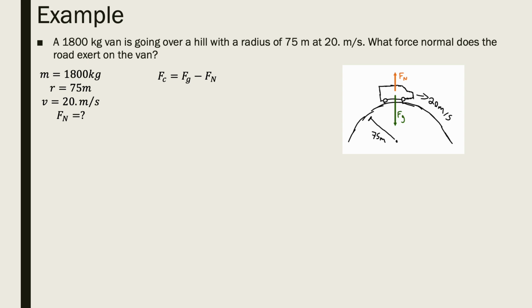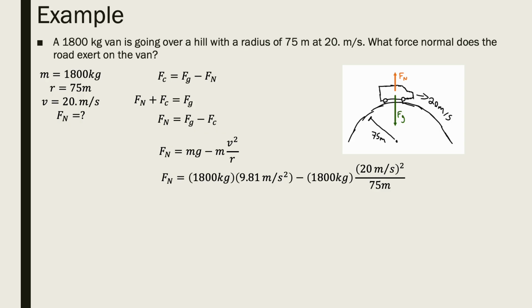So therefore, I can say my force centripetal is my force of gravity minus my force normal. I'll move force normal to the other side of the equation, move the force centripetal to the other side, fill in our equations of mass times gravity and mass times speed squared over our radius, and fill in our values, and we get that the van has a force normal of 8,100 newtons.